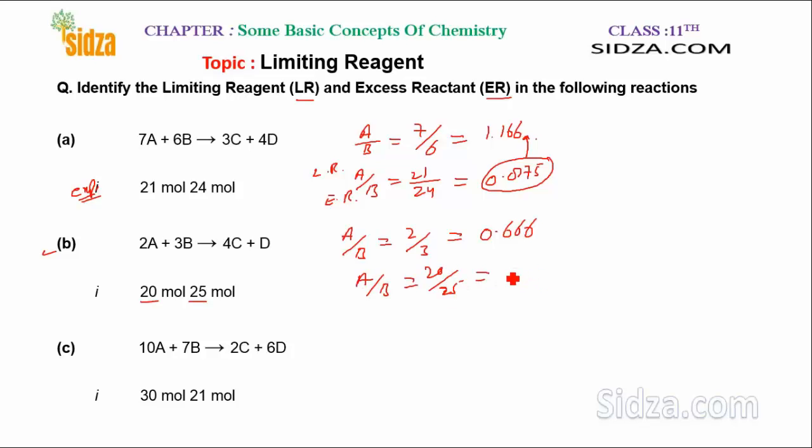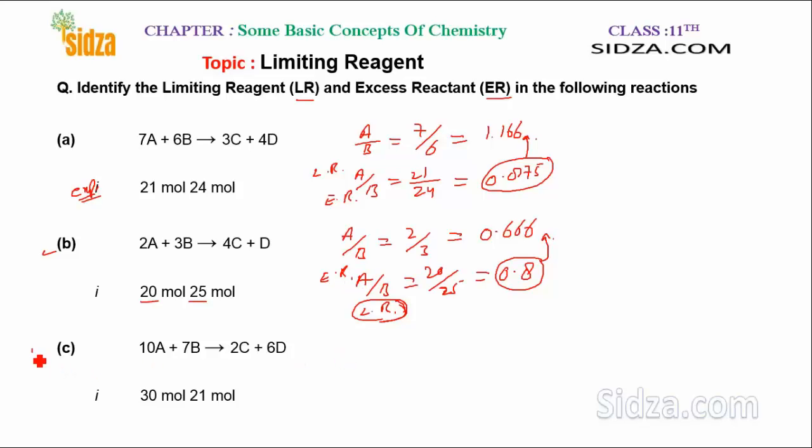The ratio is 0.8. That means the experimental ratio is more than the balanced equation ratio. It's more, that means A is more and B will be the limiting reagent, right? So here B is the limiting reagent and A is the excess reagent.